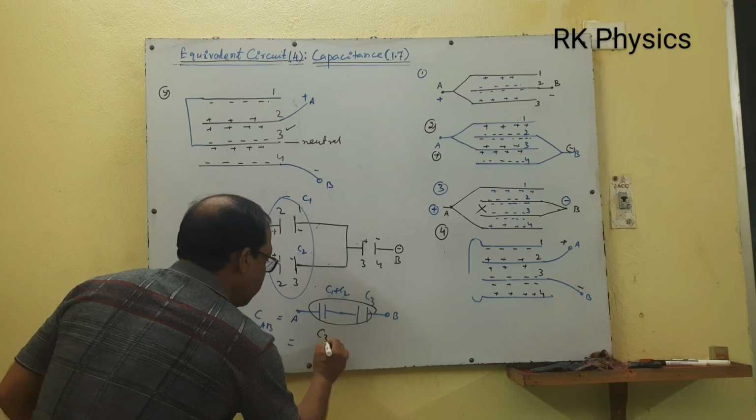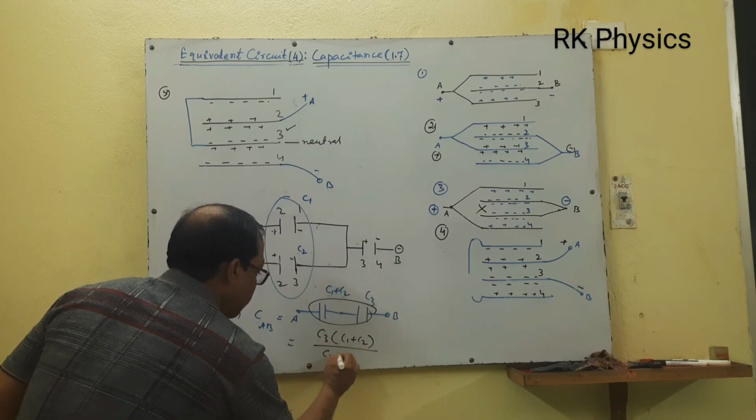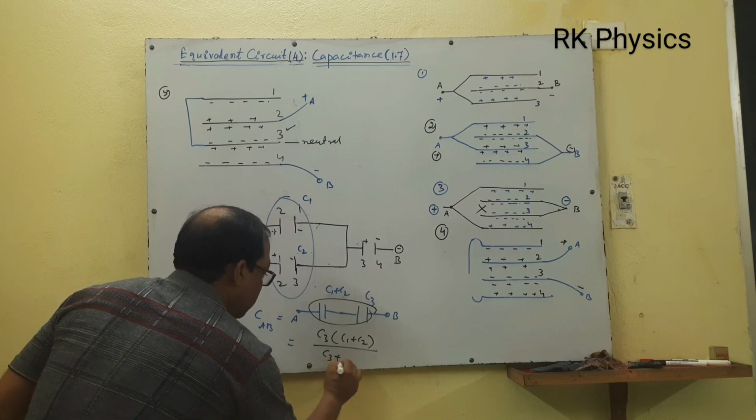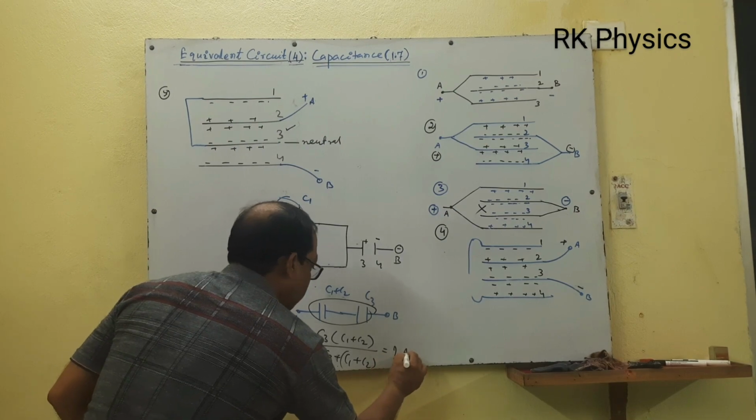So you take C3 into C1 plus C2 divided by C3 plus C1 plus C2. So this is your answer.